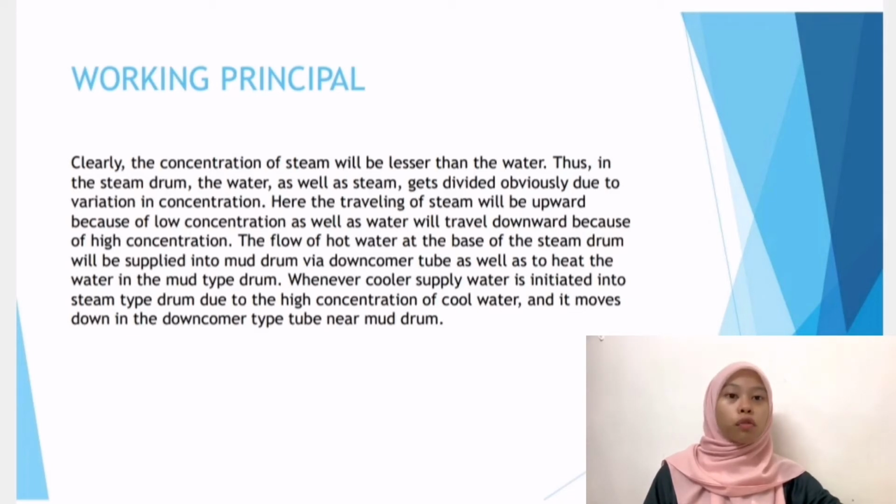The flow of hot water at the base of the steam drum will be supplied into the mud drum via the downcomer tube as well as to heat the water in the mud drum. Whenever cold supply water is taken into the steam drum, due to the high density of cool water, it moves down in the downcomer tube near the mud drum.